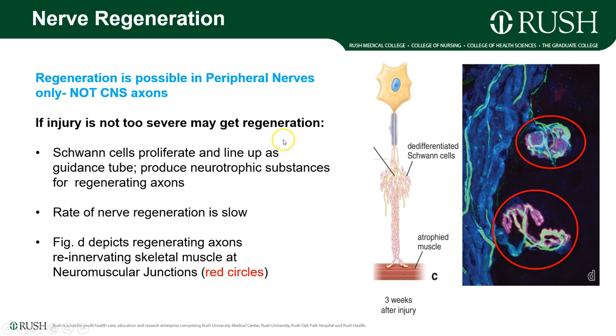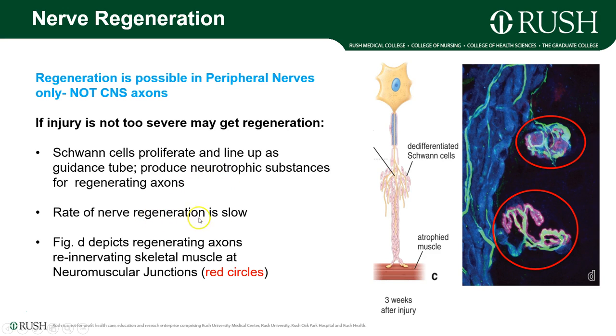When it does happen in the peripheral nervous system, the Schwann cells at the site of the injury start to proliferate, and they line up to form guidance tubes towards the target organ. This is where the cells start to produce neurotrophic substances which guide the regenerating axon.